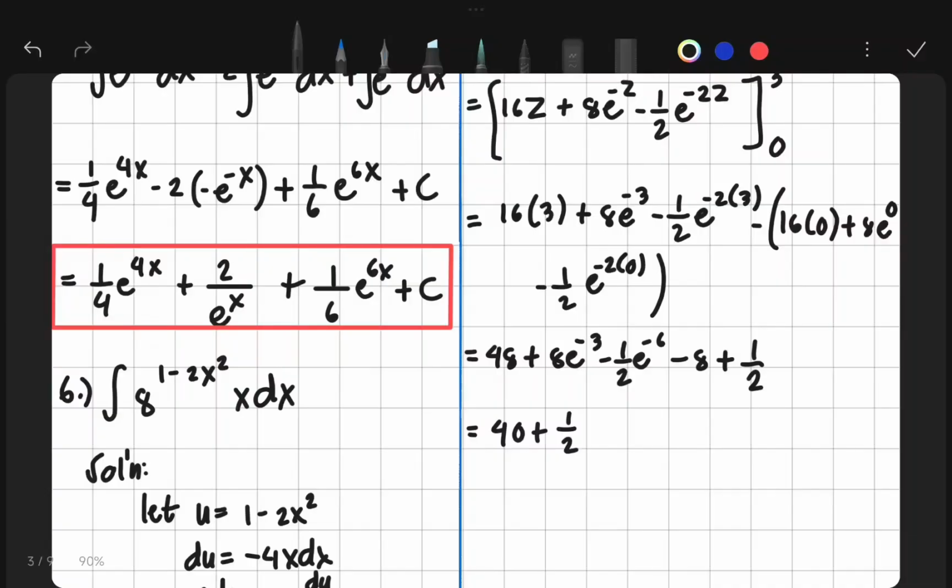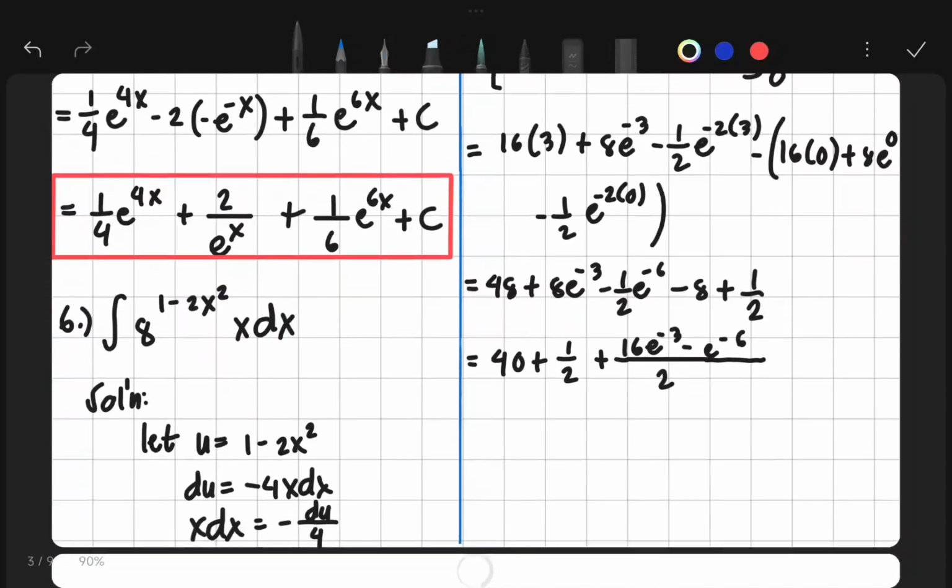And here I can also combine these exponential terms. This will become 16 e raised to negative 3 minus e raised to negative 6 over 2.